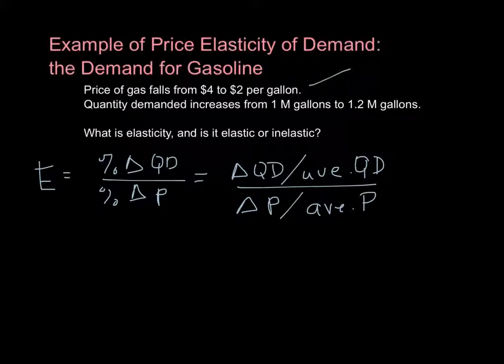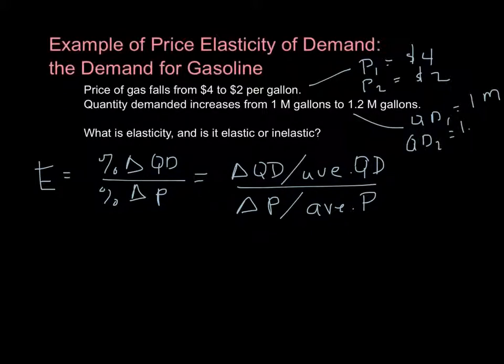So in the case of price, we have P1 equals 4. It starts at $4. And P2 is $2. And our quantity is initially at 1 million, and it ends up QD2 at 1.2 million, just to keep your P1s and 2s and your QD1s and 2s straight.